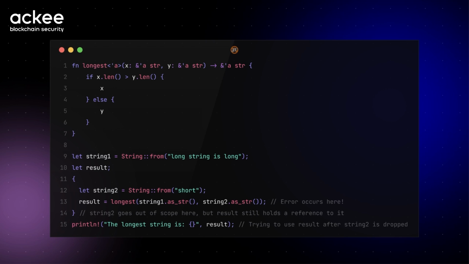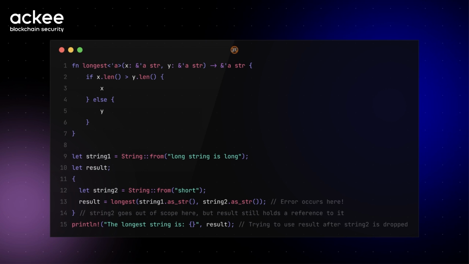What is important is that we also return a reference with this lifetime, and the type is str. The function checks whether x is longer than y, and then we return x, a str slice, and if y is longer, then we return y.